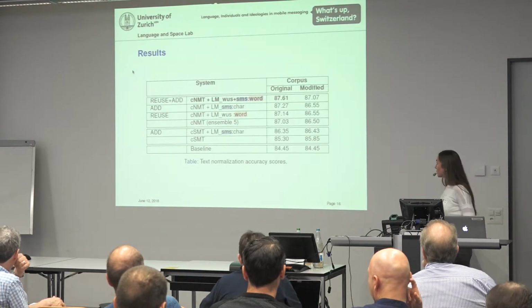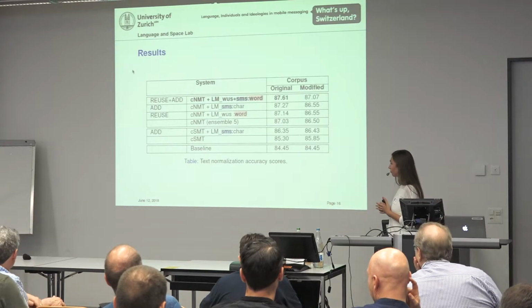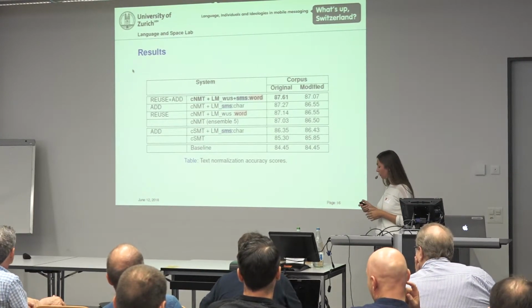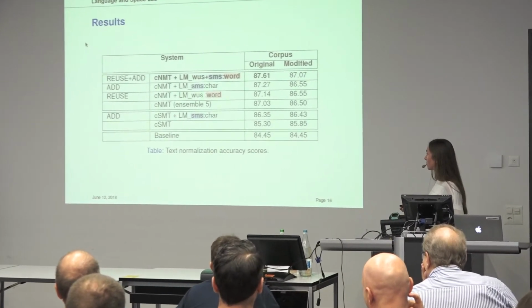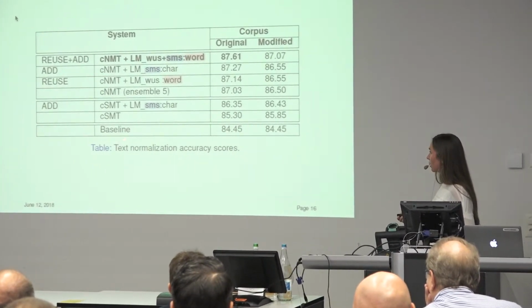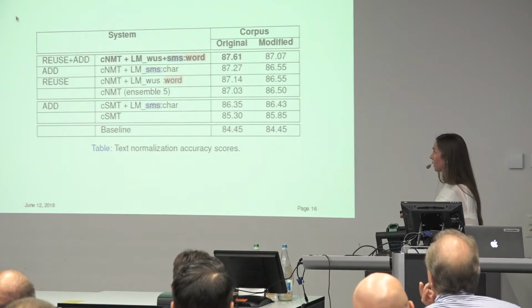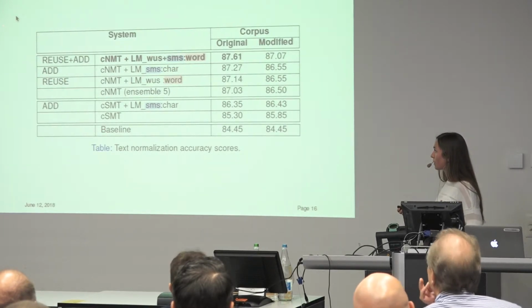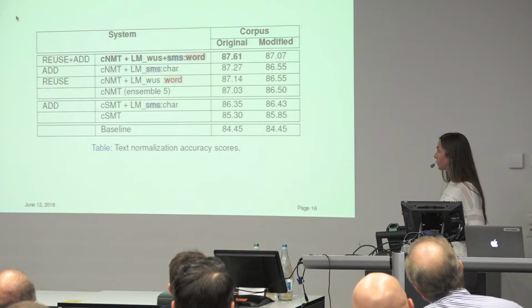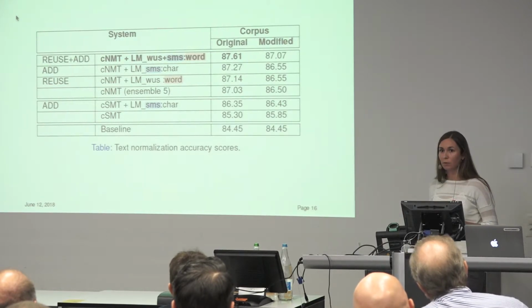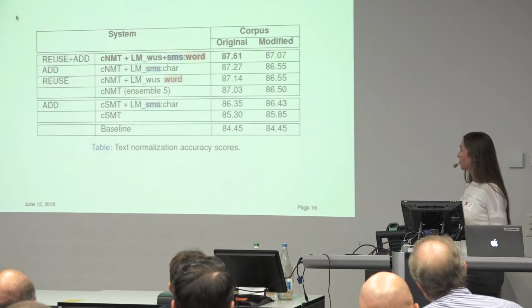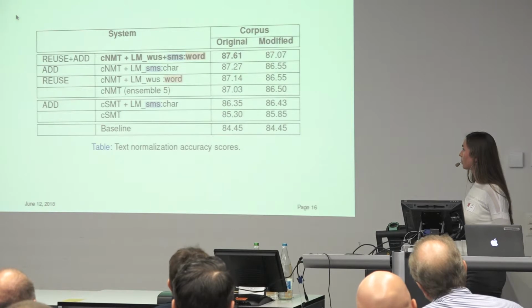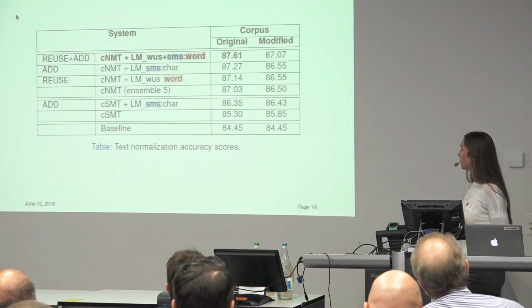So here are our results. What we can see is, first of all, that both the vanilla NLT and SNT systems are stronger than our baseline. Second, in the add setting, adding the additional data helps both systems to improve further. Comparing the two systems, the NLT ensemble of 5 is already better than the best setting of the SNT.